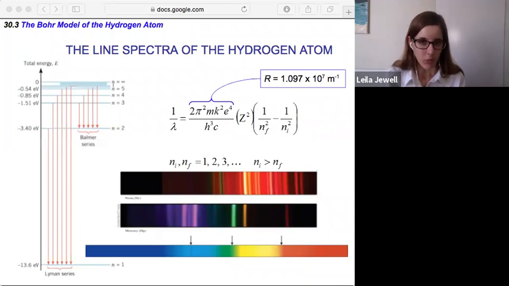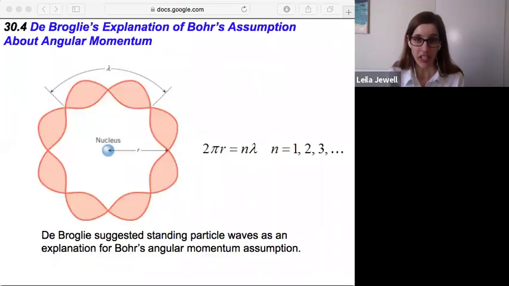The one kind of weird thing with Bohr's theory was this whole angular momentum is quantized. And so 10 years later, a whole decade later, if you can even imagine that, the scientist de Broglie, remember talking about de Broglie, the wavelength of particles, came up with an explanation of Bohr's assumption about angular momentum. De Broglie said, hey, the electron is behaving like a standing wave.